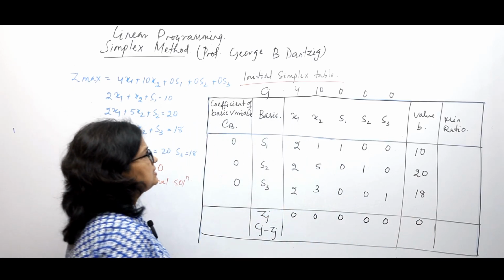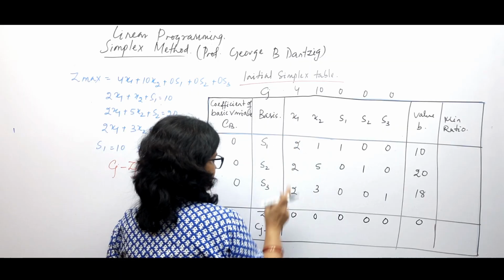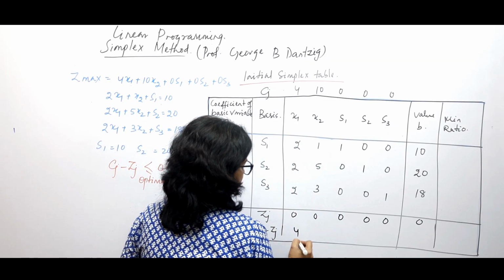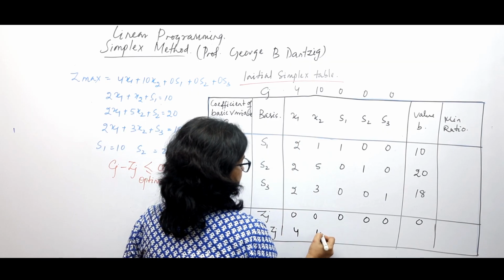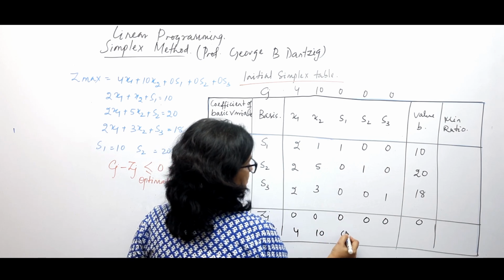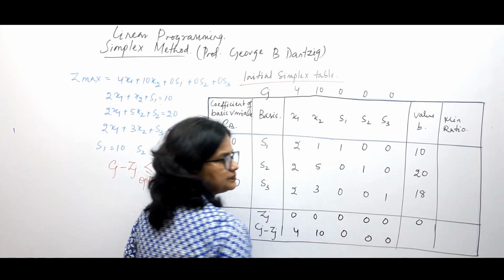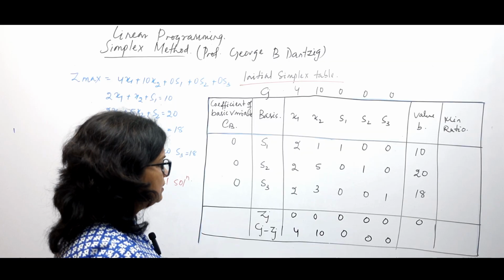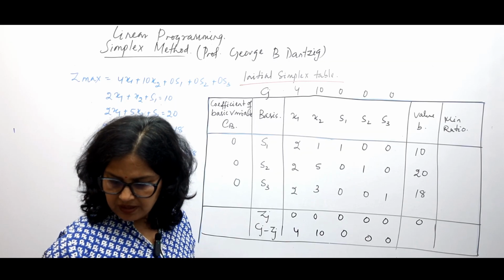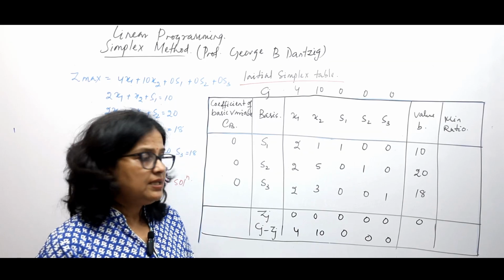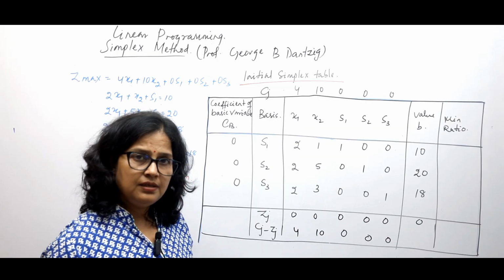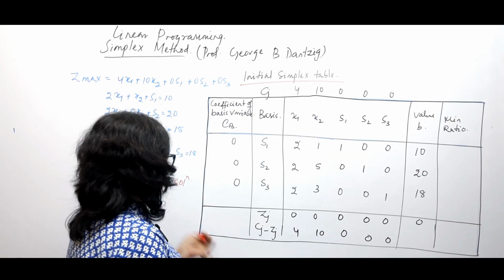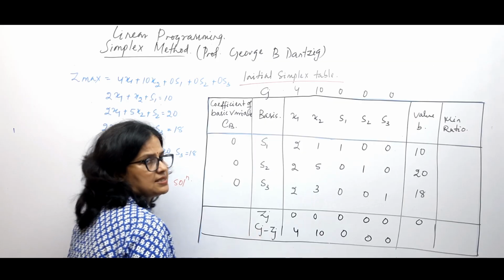What is Cj minus Zj? Cj 4, 4 minus 0 is 4, 10 minus 0 is 10, then 0, 0, 0. Our main thing is to identify Cj minus Zj.